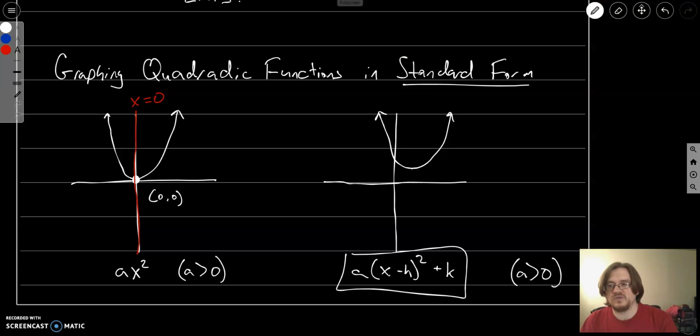However, we saw before that we can shift things horizontally by subtracting or adding something directly from x, and then if we add something to the entire function, we're going to shift it vertically. So what we've done is we've shifted this to the right, h, and upwards, k. So this vertex is now going to be at h, k.